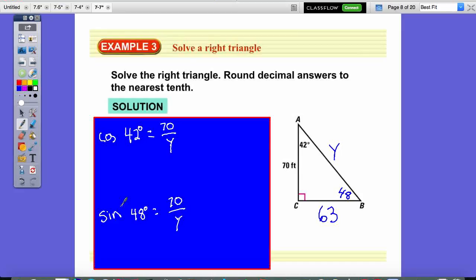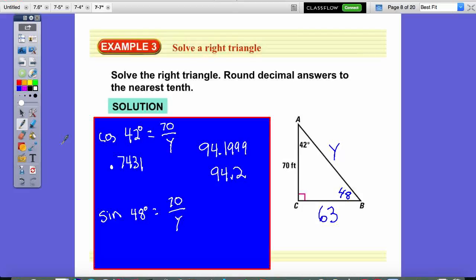So my off-screen calculator, 42 cosine is 0.7431. I'm going to end up taking 70 and divide by 0.7431, and I get 94.19999, which is rounding to 94.2. Let's see what I get when I do sine.